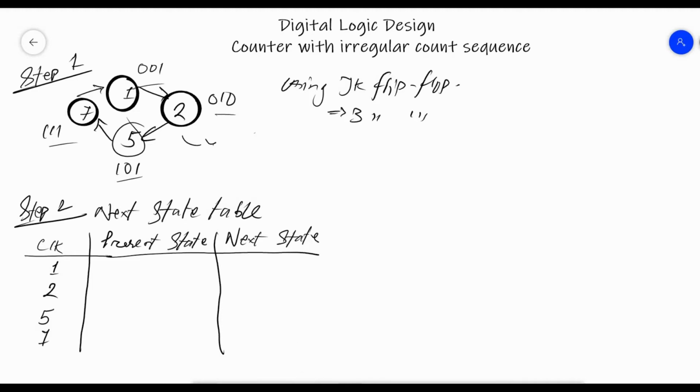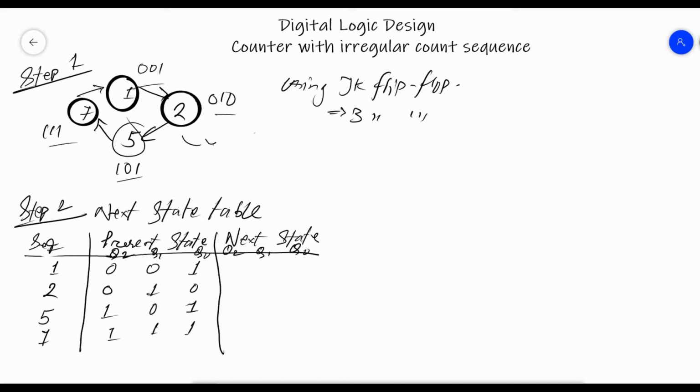Sorry, this is not the clock, this is the sequence. Alright, now for 1 we have 0, 0, 1, this is Q2, Q1, Q0, and here will be the next state Q2, Q1, Q0: 0, 0, 1, and then comes 0, 1, 0, and then it's 1, 0, 1, and finally 1, 1, 1.